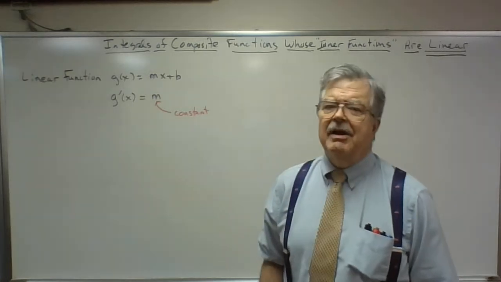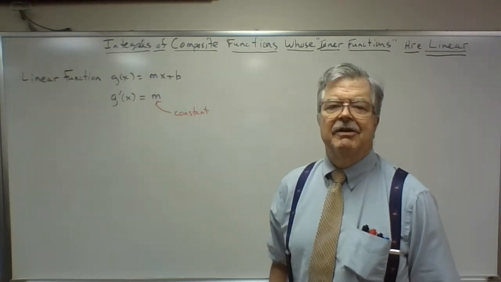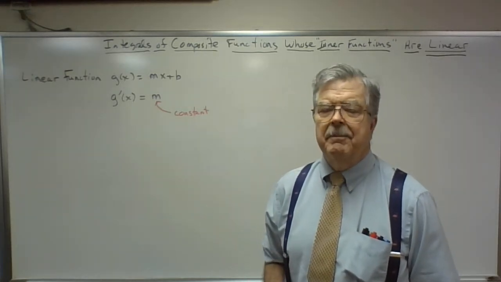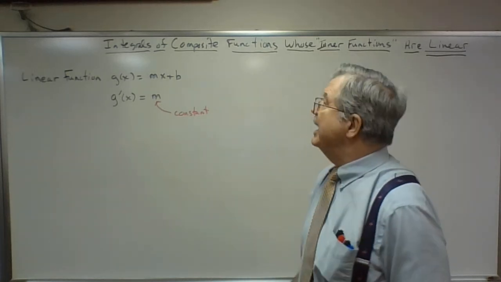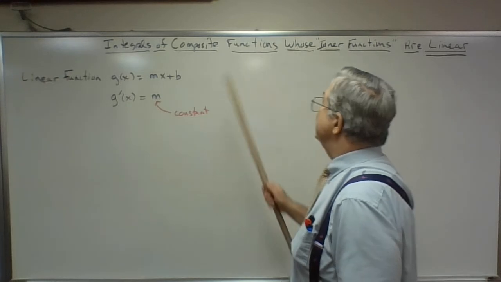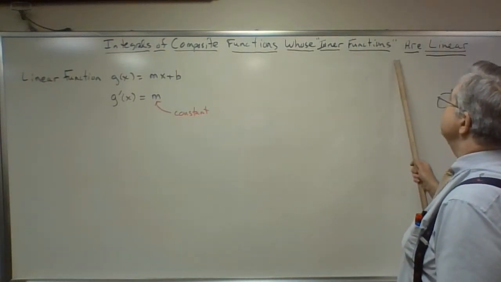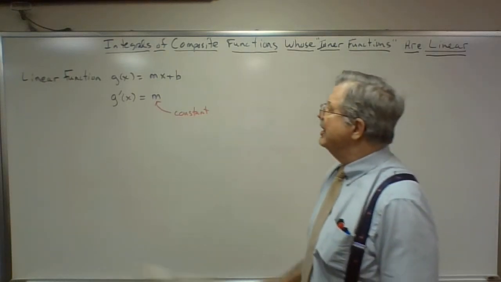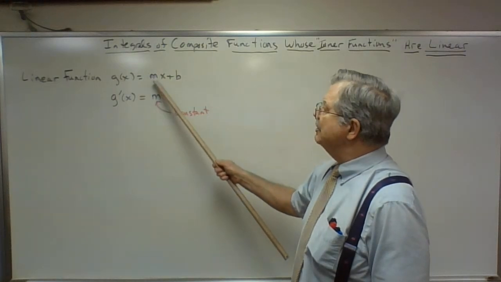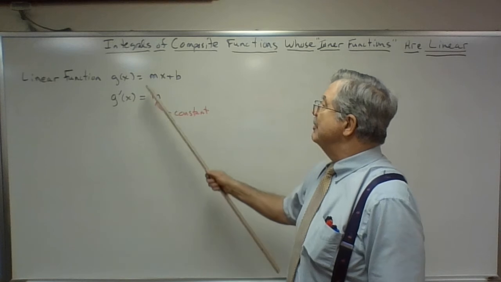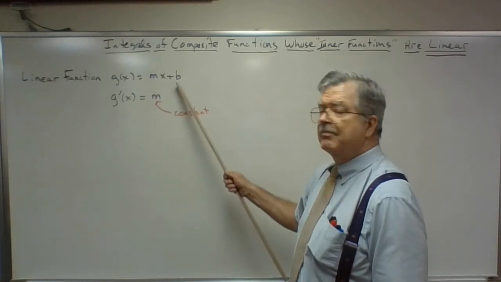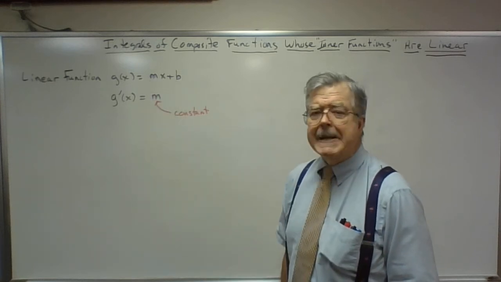Most of the time when we integrate composite functions, that's the way to go. The exception might be if we have a composite function whose inner function is linear. In other words, y equals mx plus b, some constant times x plus another constant.